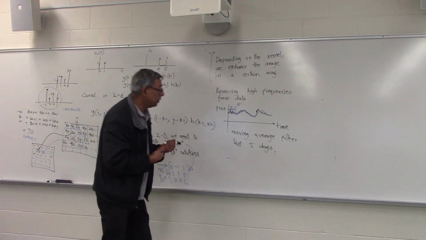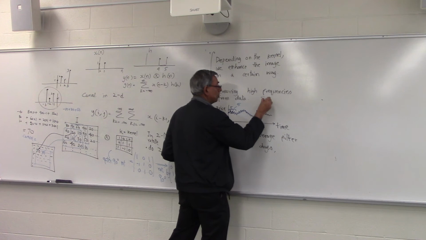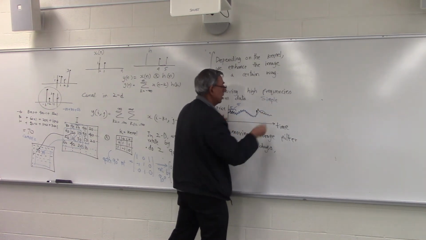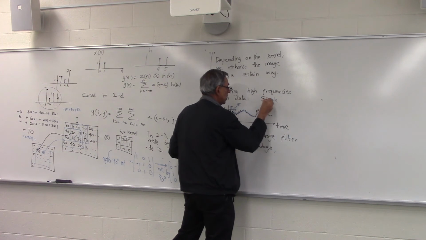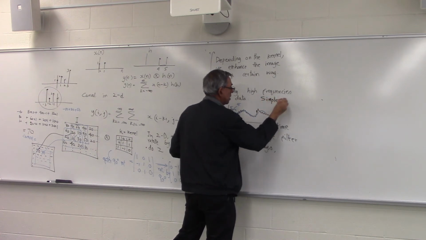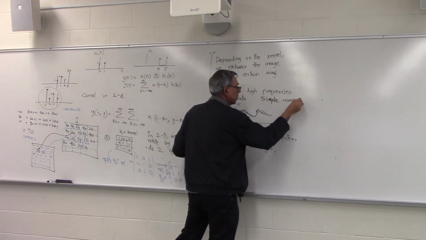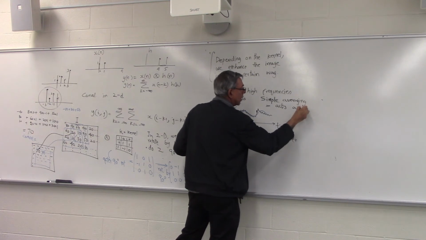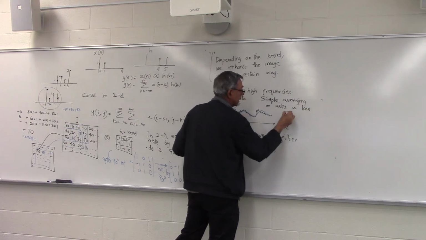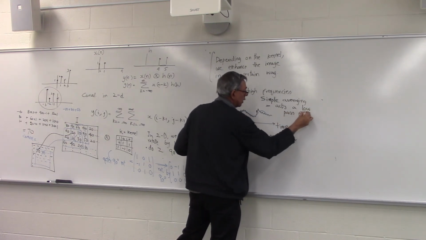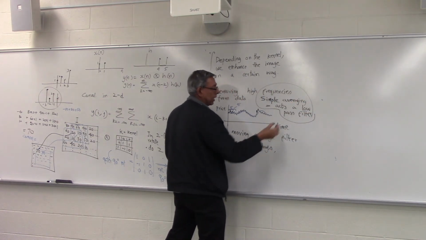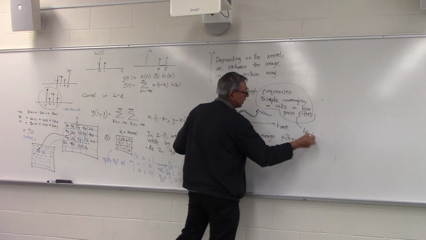So simple averaging acts as what we call a low-pass filter. Meaning, it blocks high frequencies.